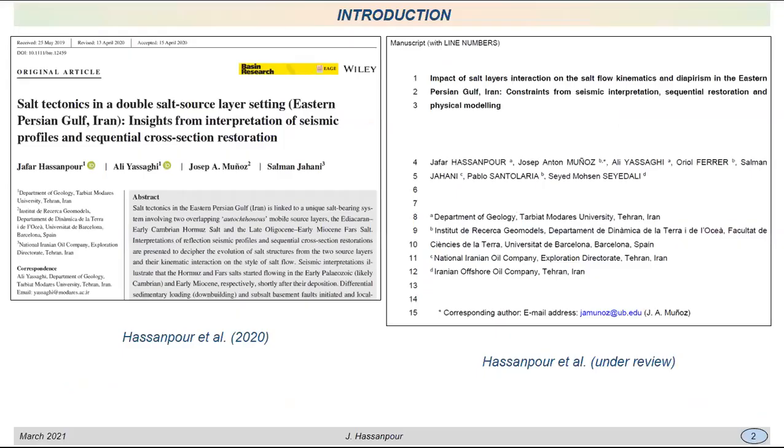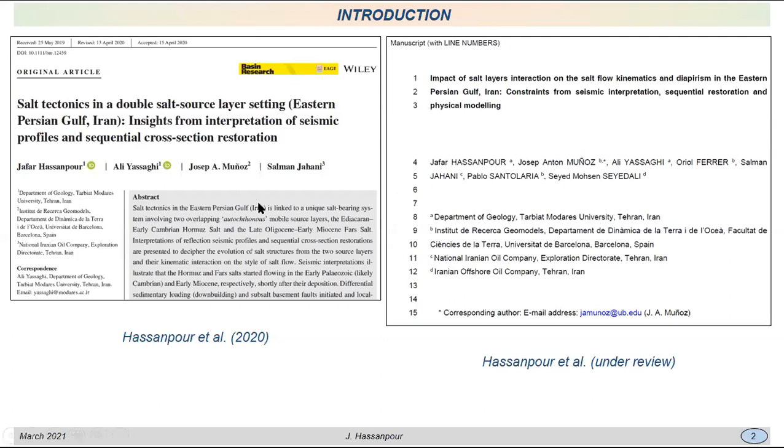So my talk is basically an overview of these two papers out of the salt tectonics part of my PhD thesis. I'm not going to talk about the other tectonic structures and deformations that have affected this part of the Persian Gulf. I'm showing only the things that have been published or have been submitted by ourselves and are currently under review.